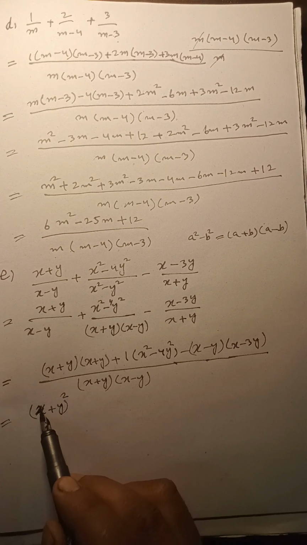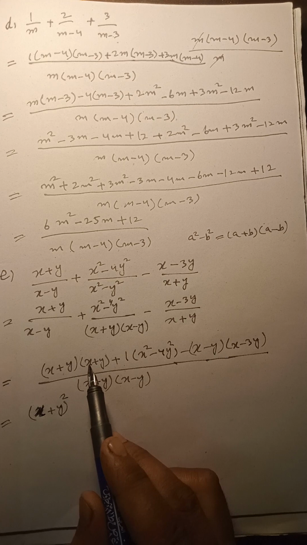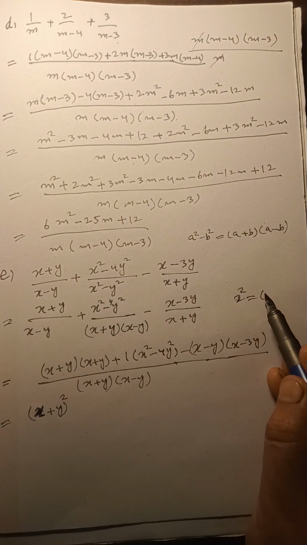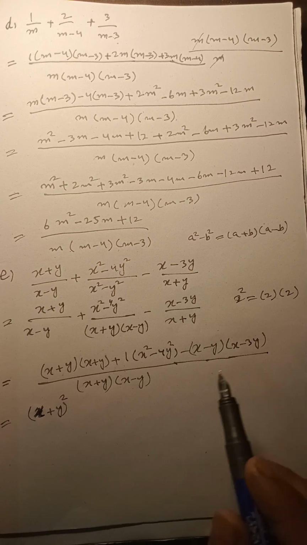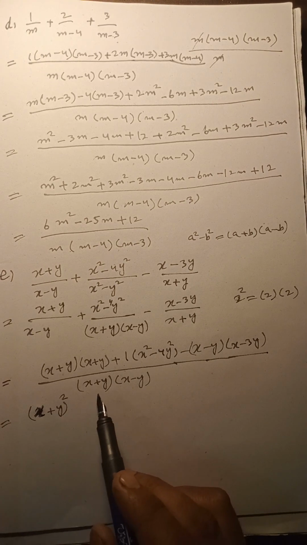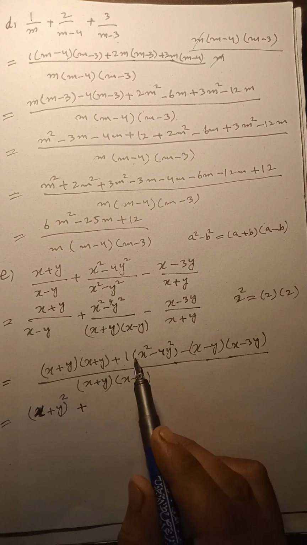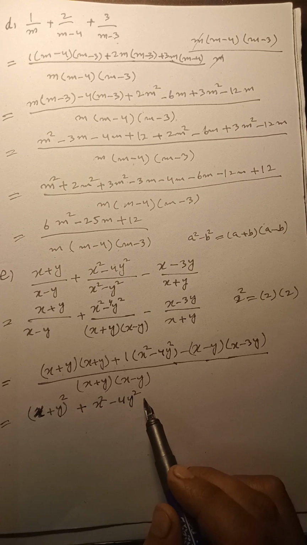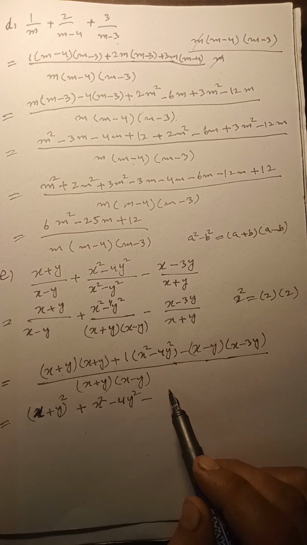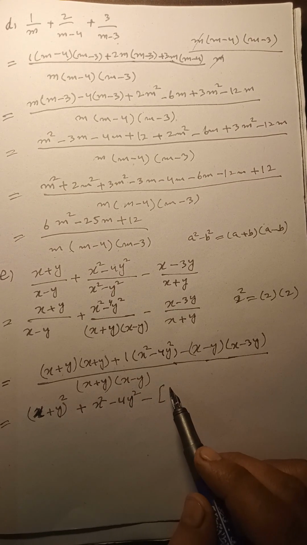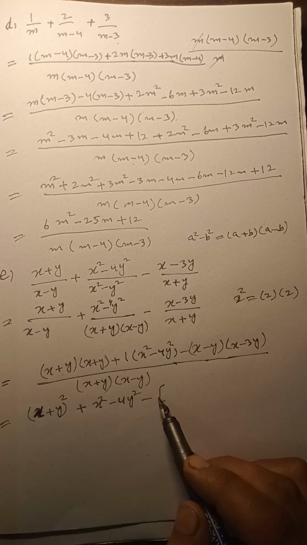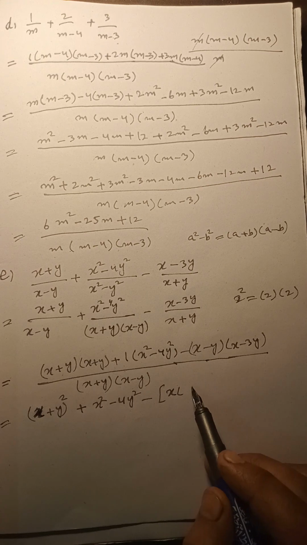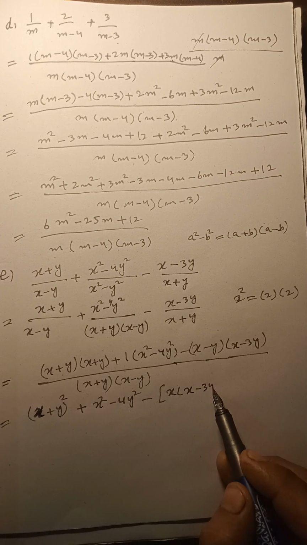Now we have to multiply these, and you know that a plus b is equal to a plus b whole square, because this number appears 2 times. So I have written it 2 times, and 1 is multiplied by this, so it becomes x square minus 4y square. This also needs to be multiplied, but due to this minus sign, you should use a bracket here and write x here, and write this whole term in the bracket.